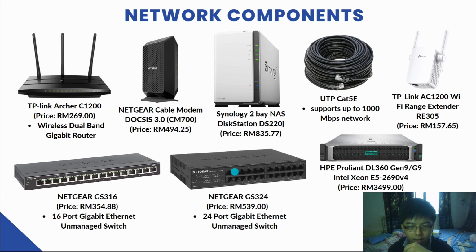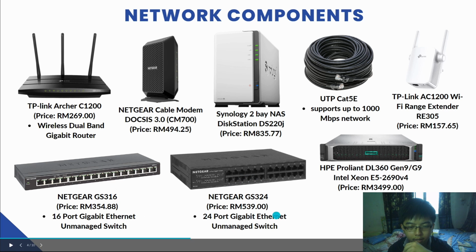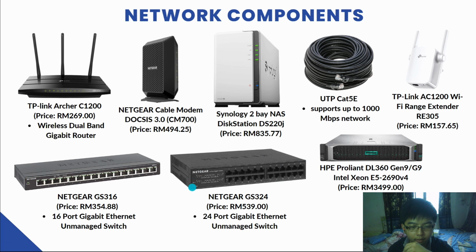Due to the number of employees being different for each office, we decided that the GX324 is for Office A and GX316 is for Office B and C. With this difference, we are able to save more cost as the price of GX316 is cheaper compared to GX324. Next, these switches can also support up to 2 gigabit per second of bandwidth per port, which is sufficient to fulfill the requirement of 500 megabits per second.